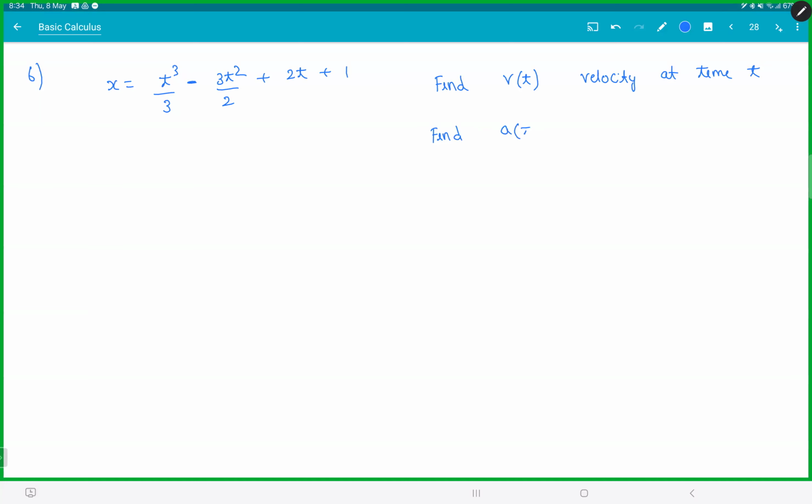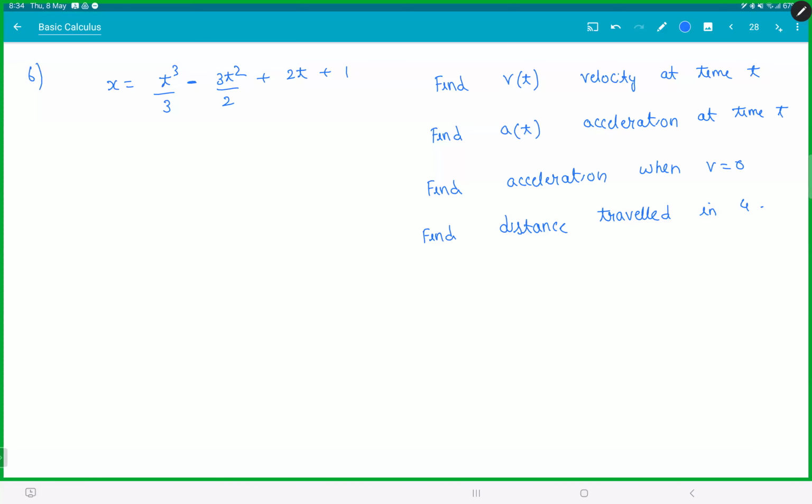Find acceleration as function of time t. Find acceleration when velocity is 0. Find distance traveled in 4 seconds. There are 4 questions, everyone.